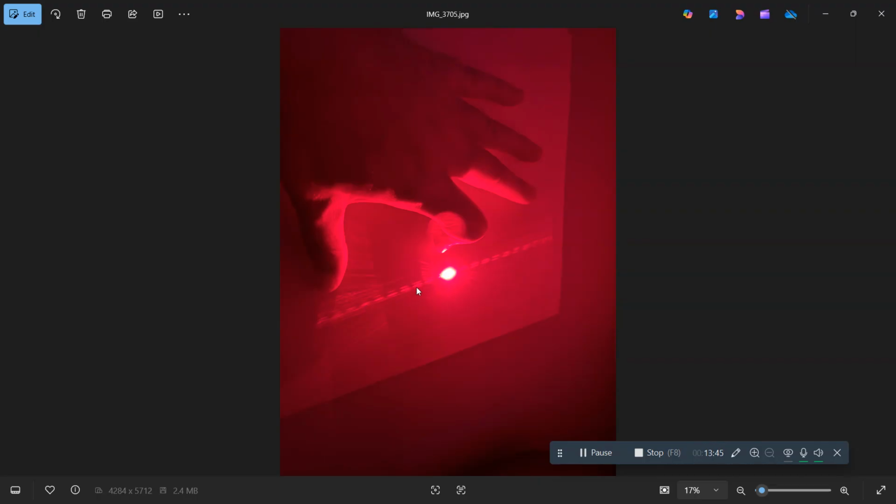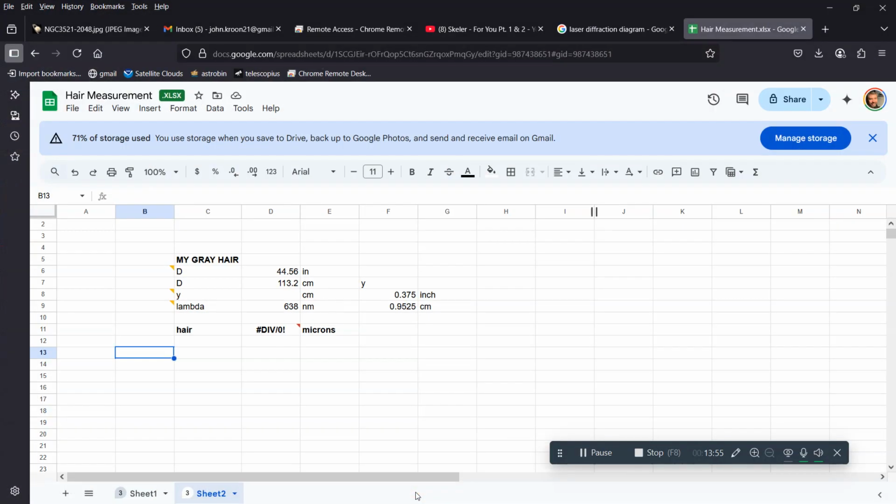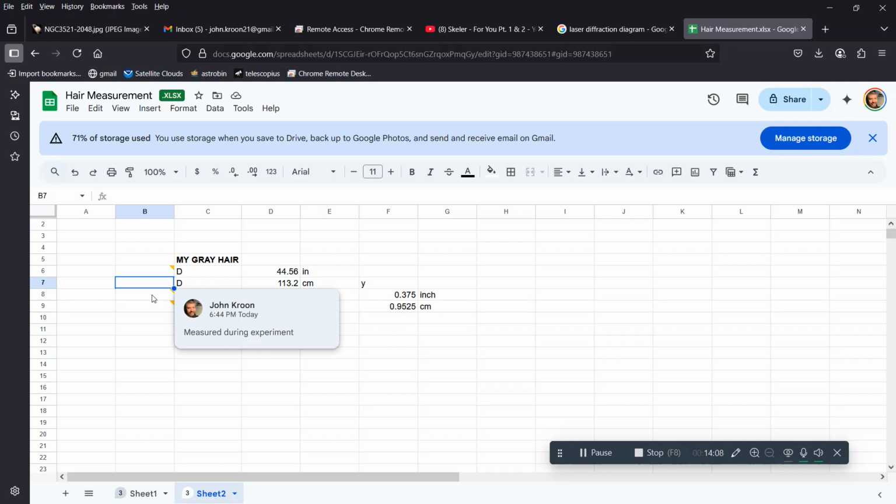And so I measured the midpoint of a few different adjacent maxima and found their average. And when I did that, oh yeah, also, there's a new experimental setup, so there's a different distance to the screen, and I measured that.